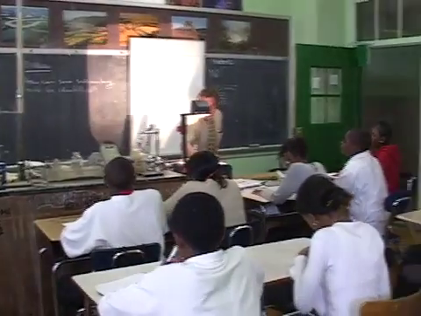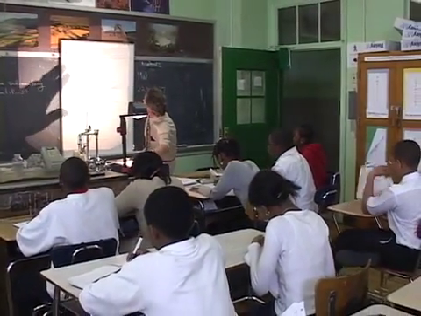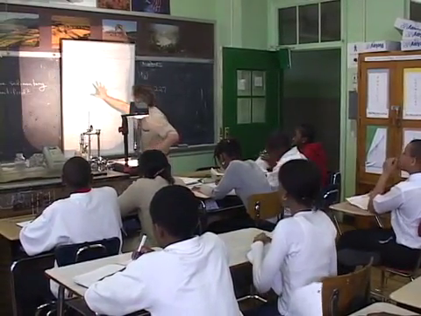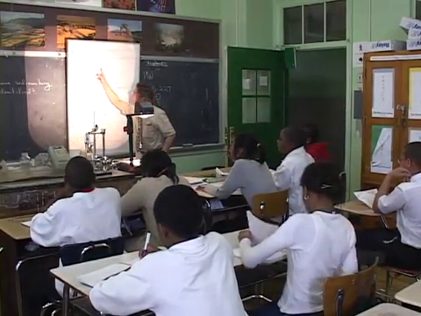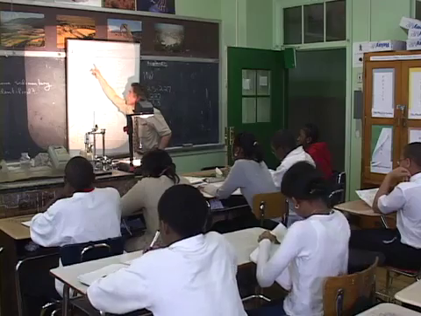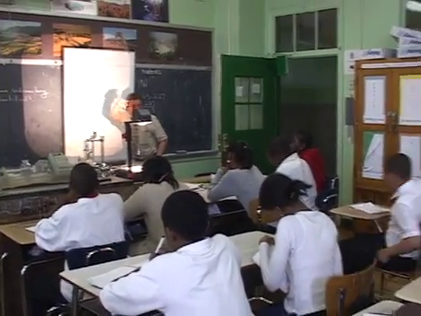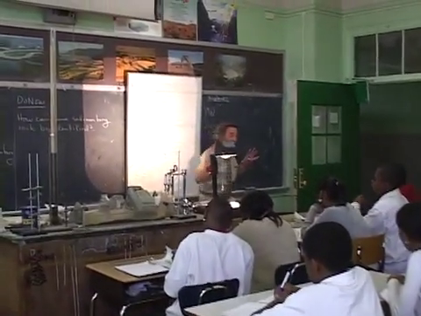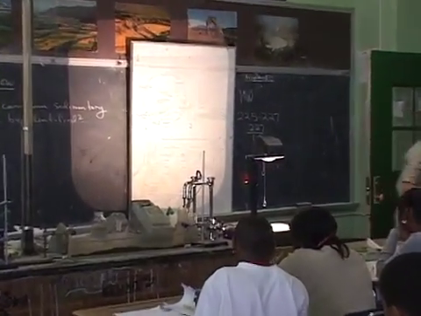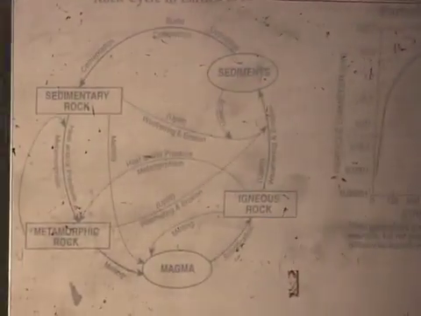But I just want to come back to this. We know how it's made. Sediments get deposited and buried and cemented together, as Julissa tells us, and it forms sedimentary rock. But my question is, how are you going to spot it? How are you going to identify it when you see it?